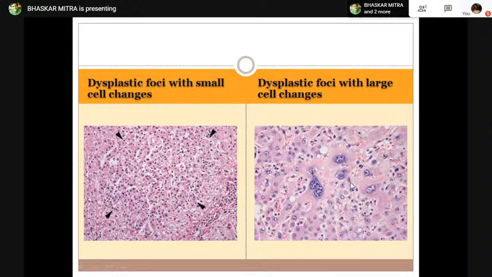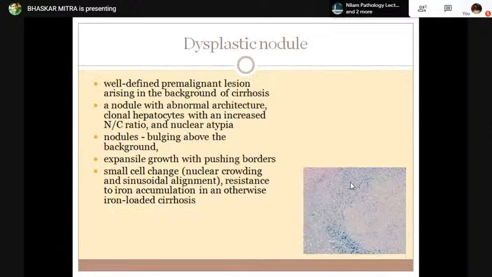We rarely get whole livers in practice. We definitely get small biopsies. In small biopsies, appreciating this minute thing is very difficult. But if you get a clear idea of what we have to see, then definitely it will help in our approach. Now, if the size increases, we call it from dysplastic foci to a dysplastic nodule.